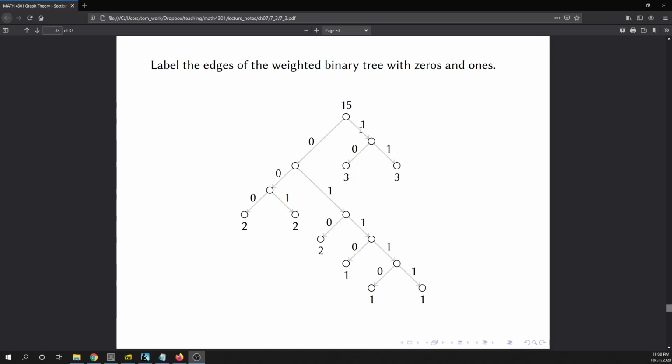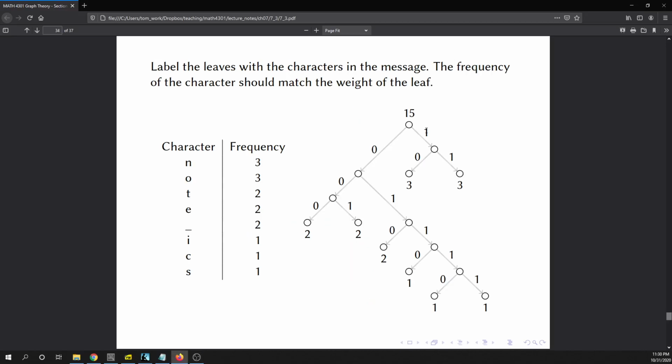Label all of the edges of the weighted binary tree with zeros and ones. All right, and then what you're going to do next is label the leaves of the weighted binary tree with the characters in the message. And you want to do that so that the frequency of the character matches the weight of the leaf. So for instance, right here, we can see that N has a frequency of 3.